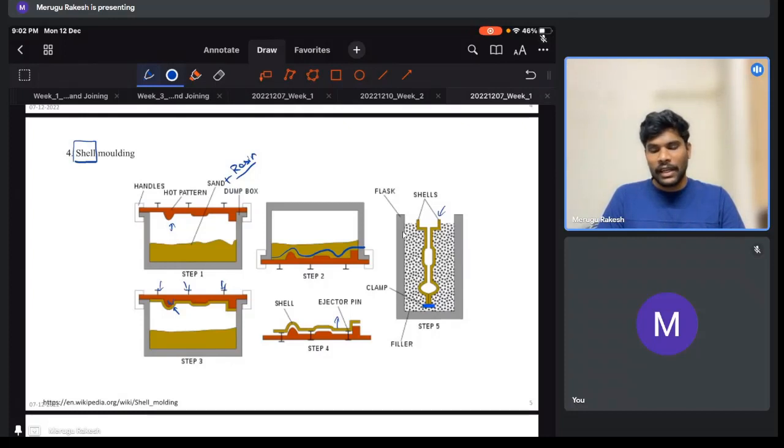So we can directly get a product with good accuracy with a limited number of steps. After that, we can directly take out the shells and repeat the process again. So this is about shell molding. Remember, we are making the shells out of sand mixed with resin.